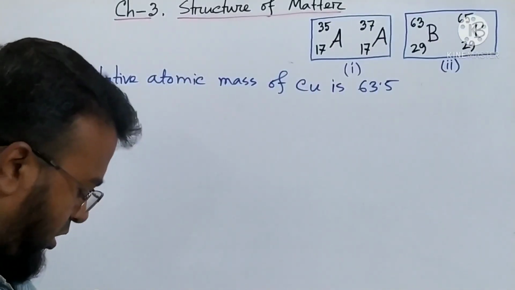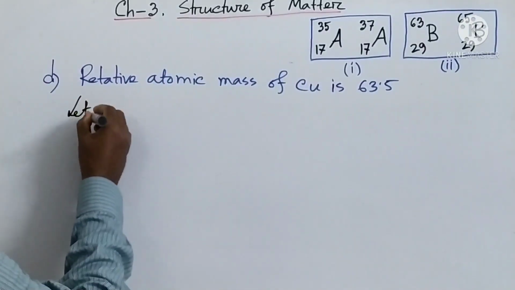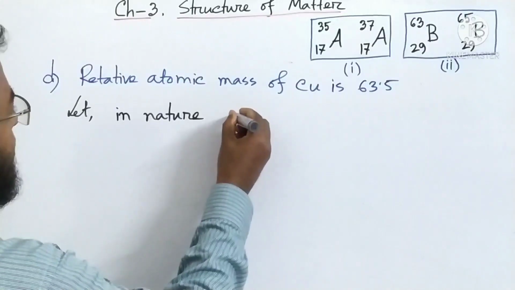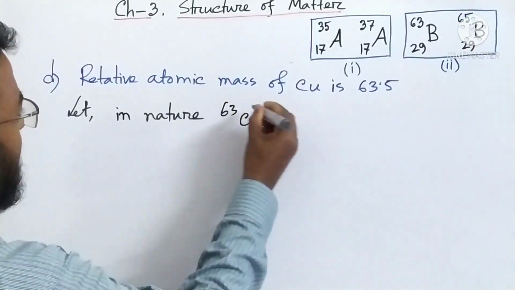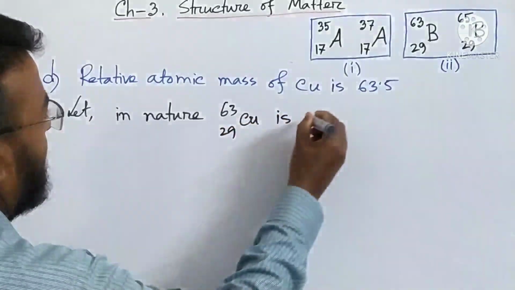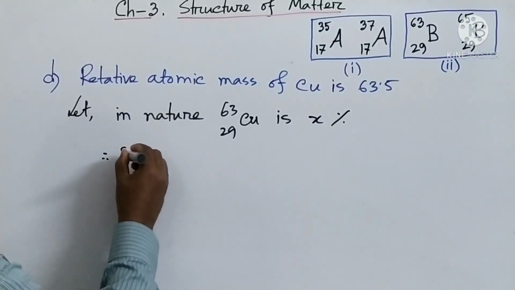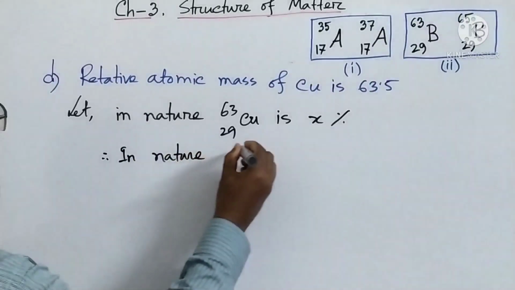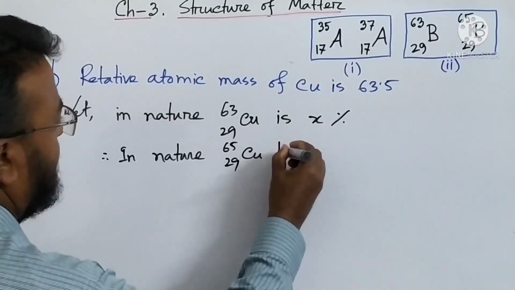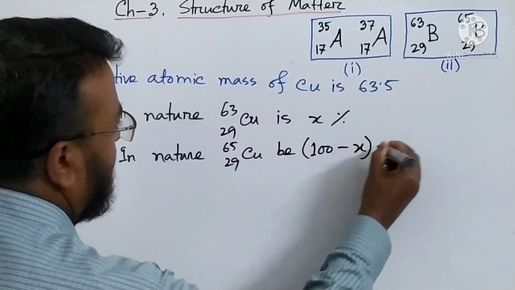There is a formula everybody has seen in the previous math. So let in nature copper 63 be X%. Therefore in nature the other one, copper 65 with atomic number 29, will be 100 minus X%.